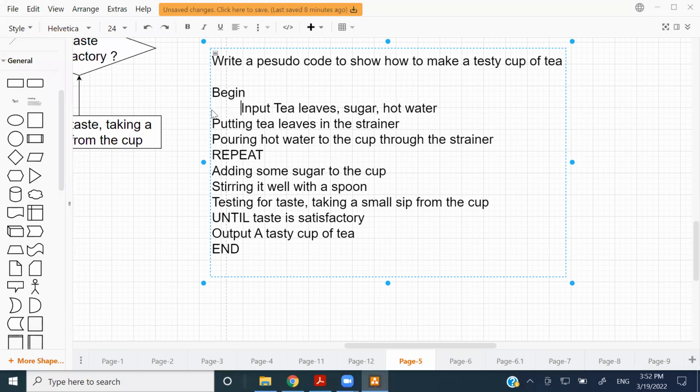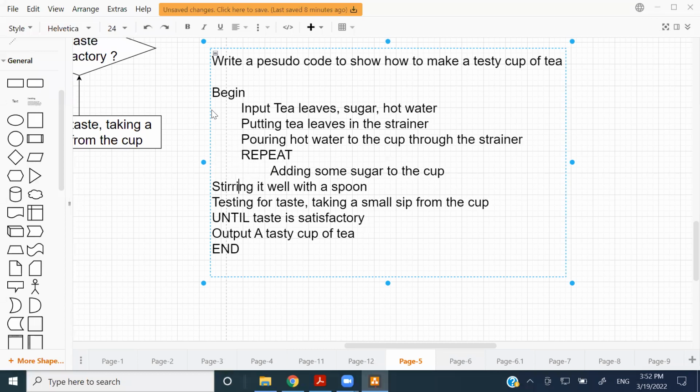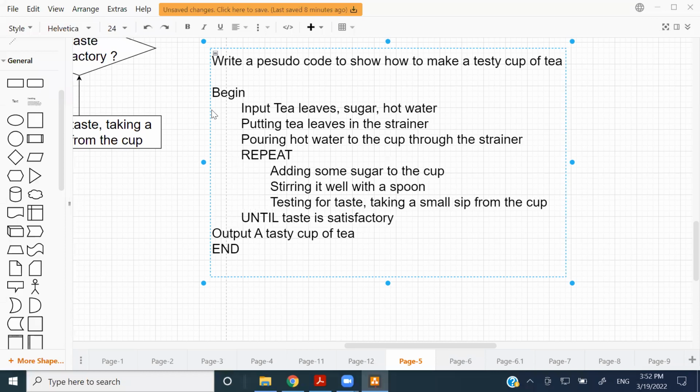So this is what it looks like when it is done nicely. So the repeat keyword, and these lines will be over this point, and until is there, and the condition. Look at the condition: taste is satisfactory, right?